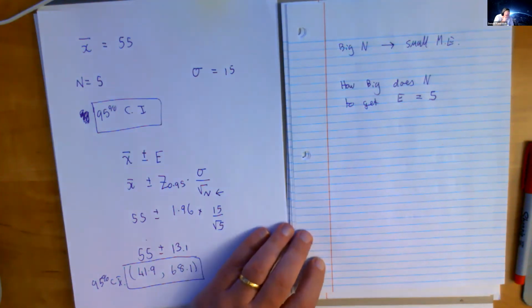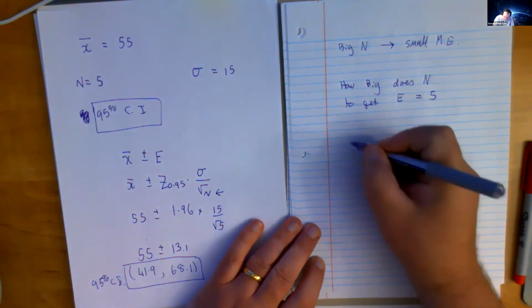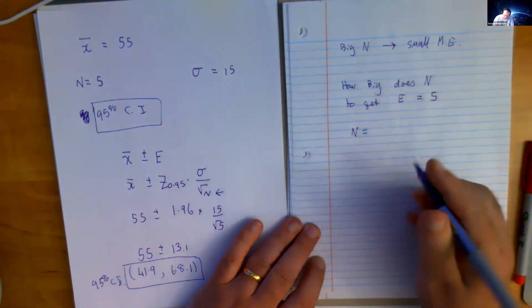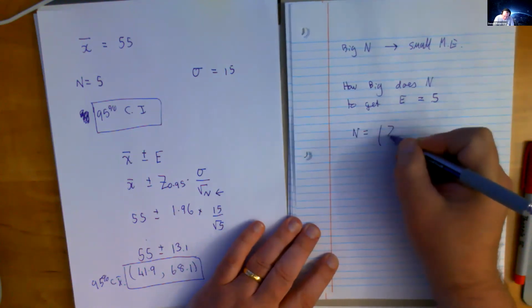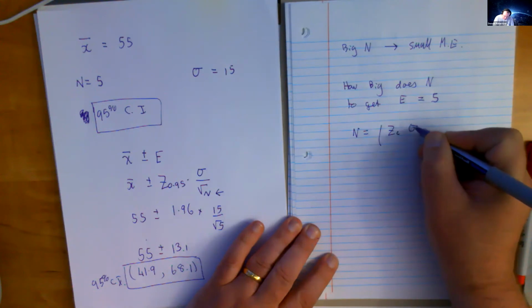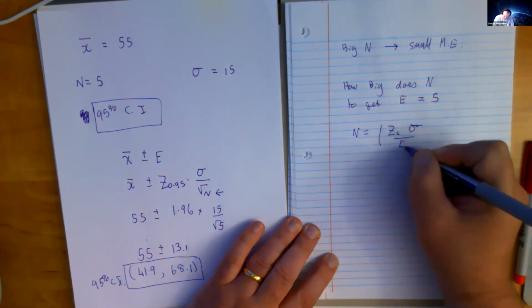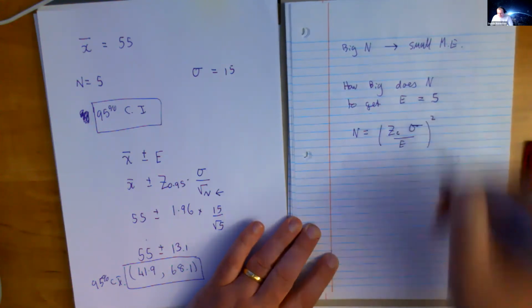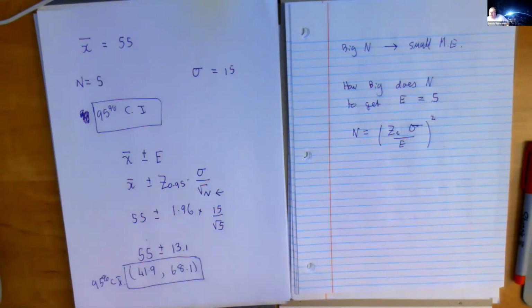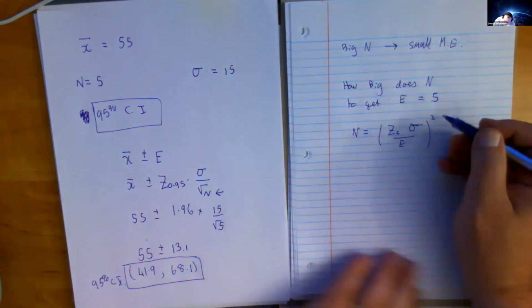Now, there is a formula for doing that. N, the sample size that you need in this situation, is equal to Zc sigma divided by E, all squared. Now you remember Zc is the magic Z score depending on what confidence interval you want. So this question needs a confidence interval.